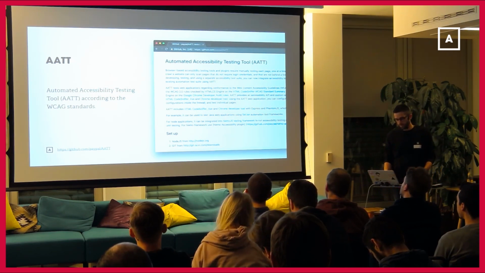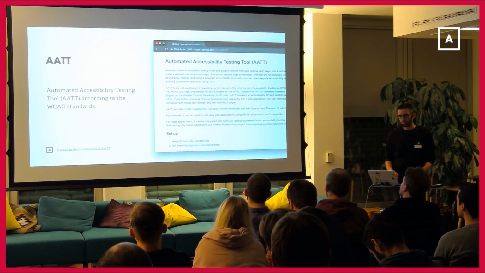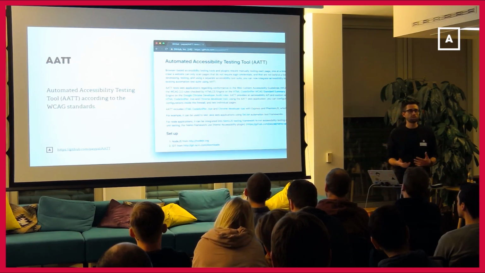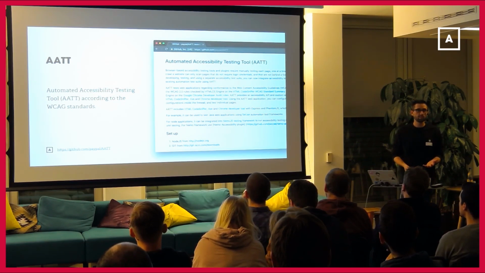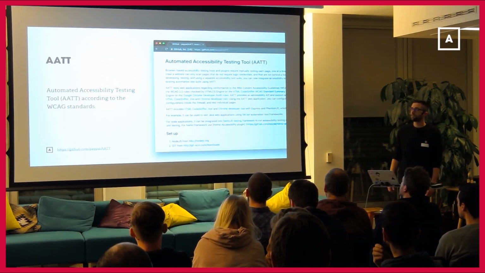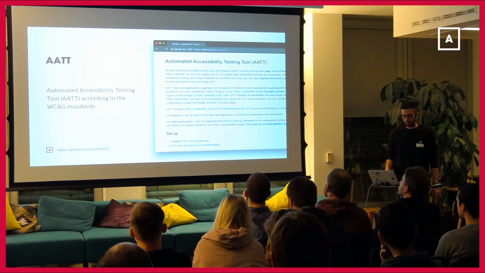The interesting part is that they also have options to run this tool behind a firewall or with HTTPS authentication, so you can really hook it up to a testing infrastructure, run your tests together with AATT, and have the results as part of your continuous integration setup.